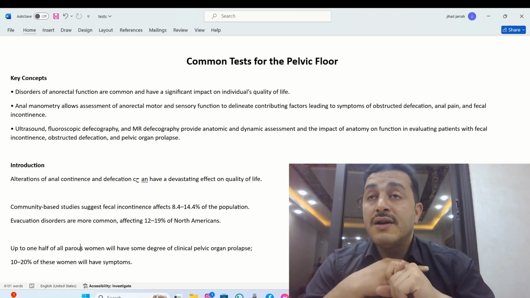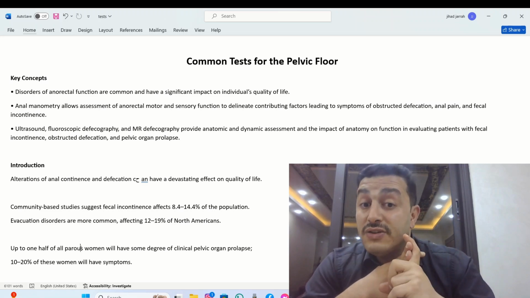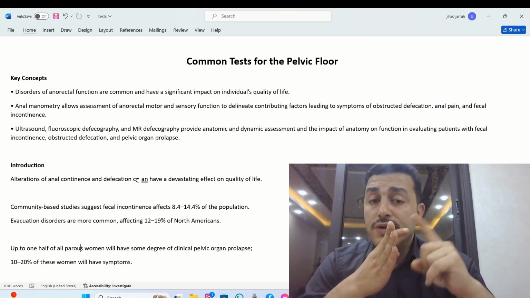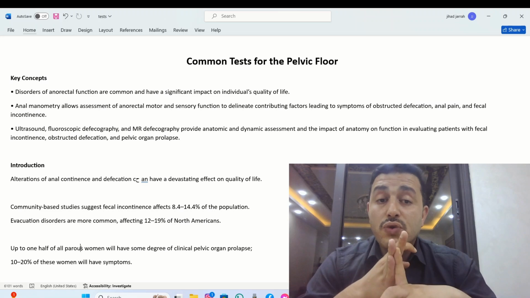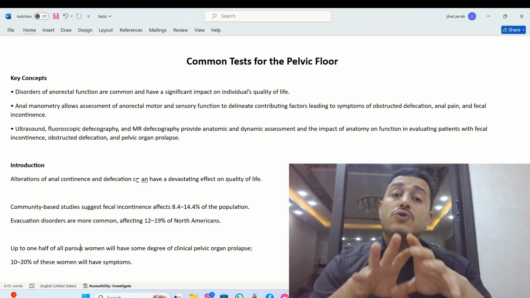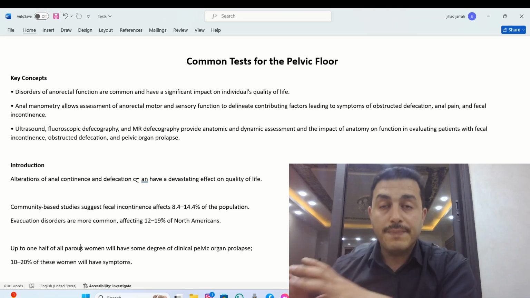These muscles are the internal anal sphincter, the external anal sphincter, and the levator ani muscles including puborectalis. How, for example, do we test the motor and sensory innervation to these muscles? This will lead us to talk about what we call anal manometry.